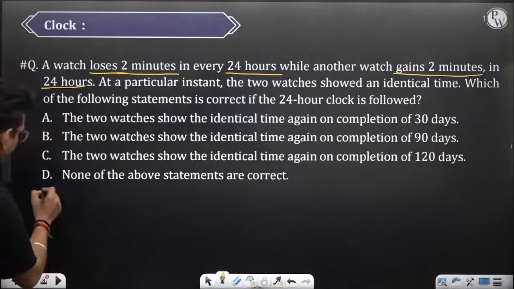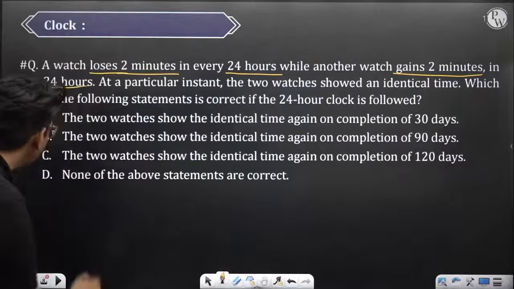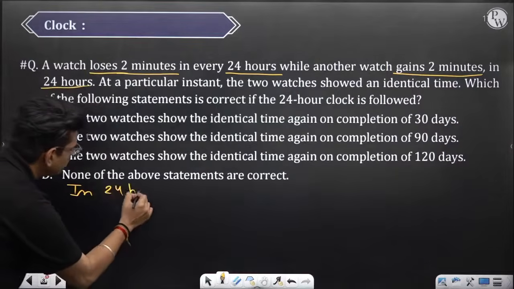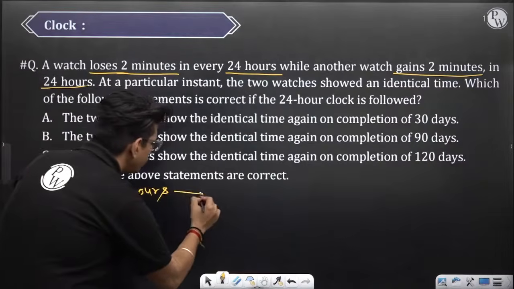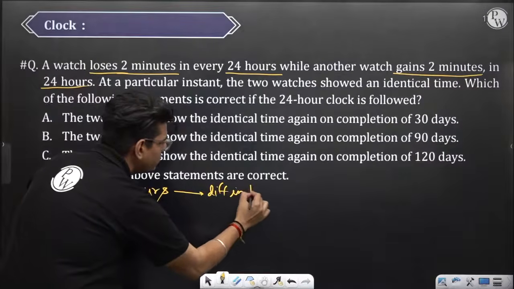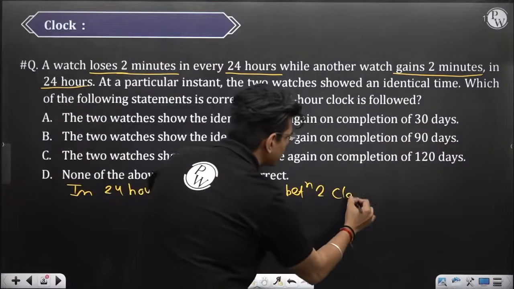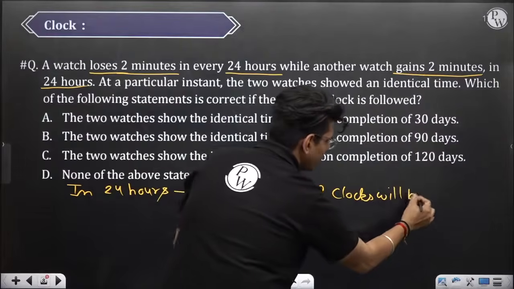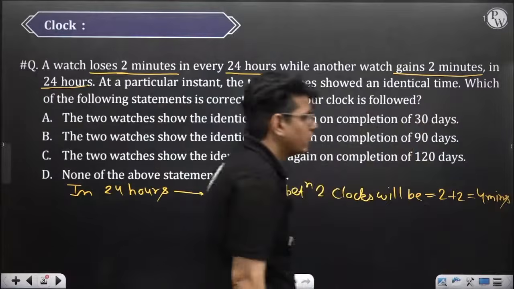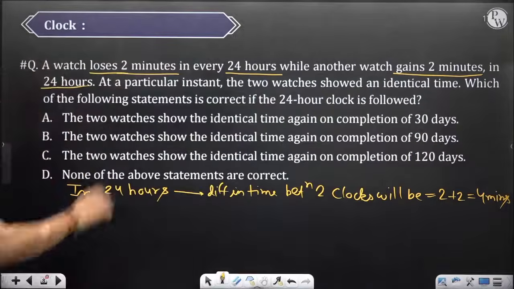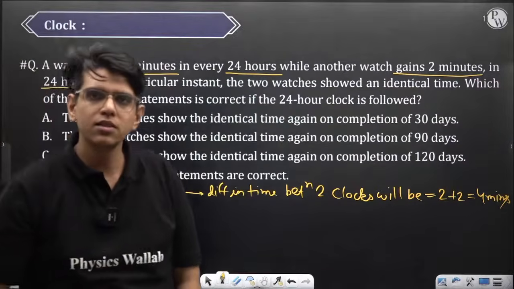Okay, so one is moving 2 minutes behind, one is moving 2 minutes ahead. So in 24 hours, the difference in time between the two clocks will be 2 plus 2, that is 4 minutes. Okay, and for them to show identical time again, we have to cover what? 24 hours, right?